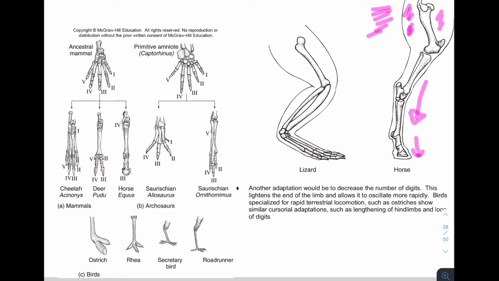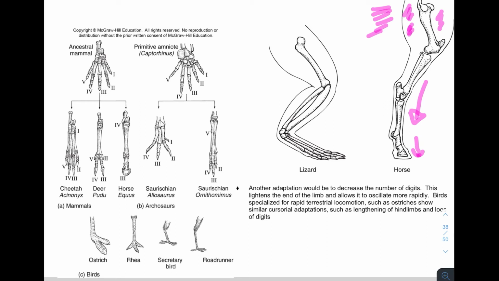And so again, this is how ungulates get their speed: first of all, they get rid of digits, as we've seen over and over again. And they also make sure that their musculature stays way up high in order to decrease the weight down low.